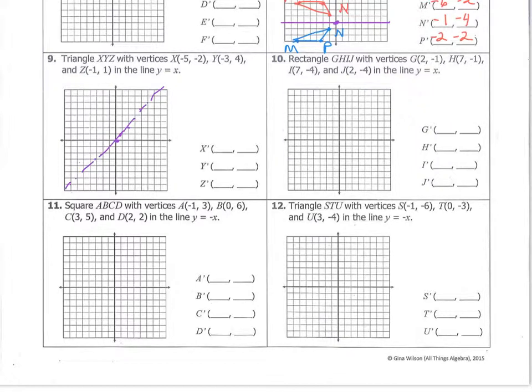So we've got -5, -2. So here's x. We have -3, 4. And here's y. And then -1, 1 is z. So this is a triangle.